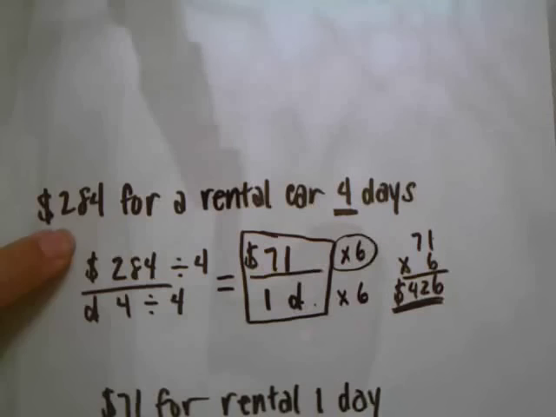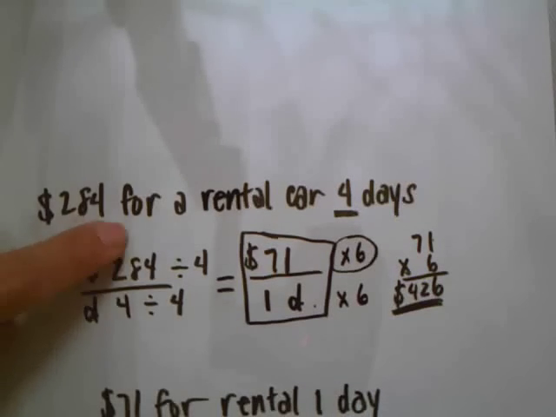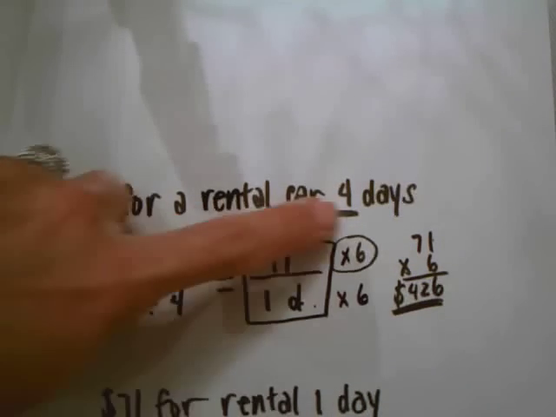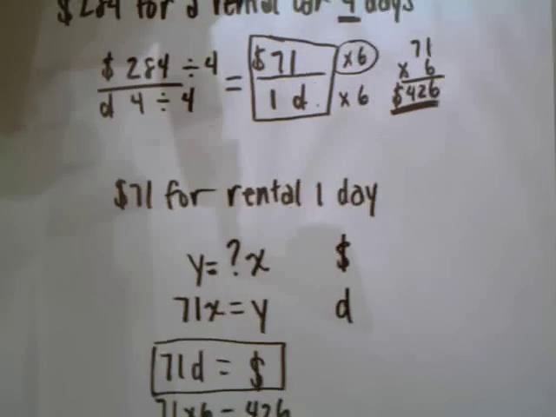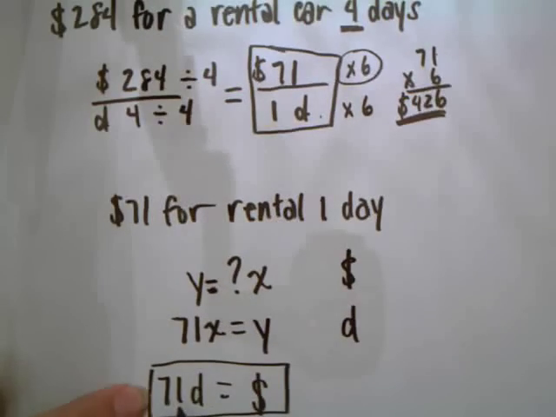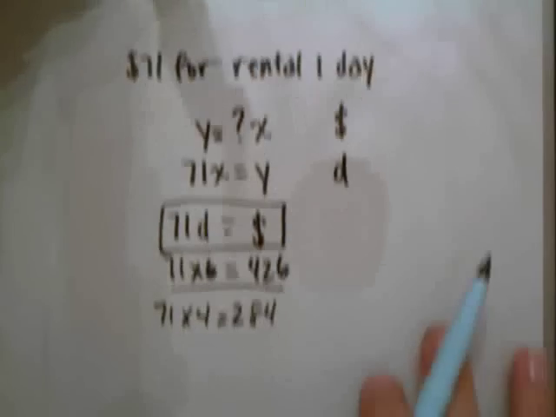What I could do is go back to the very beginning, $284 for a rental car for 4 days. If this equation is the right one, I should be able to put 71 times 4 and it's going to equal 284.